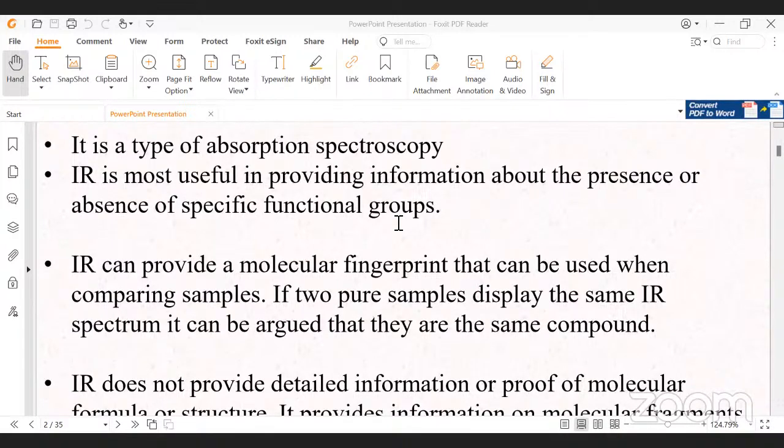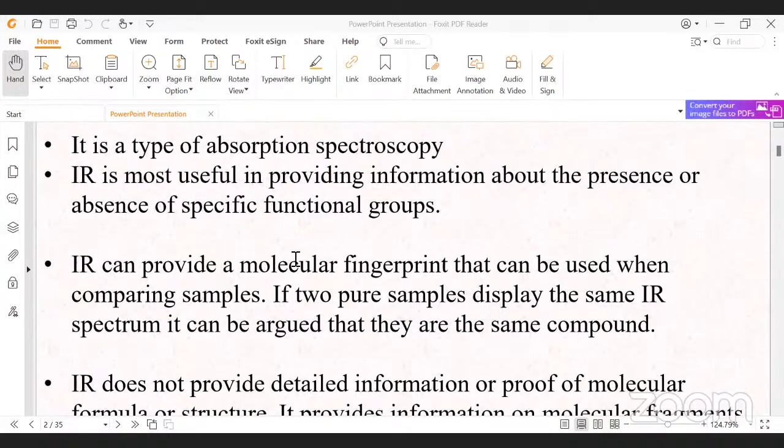I think you have studied IR spectroscopy. FTIR spectroscopy is mainly used to detect or identify the functional groups which a particular sample or compound has.